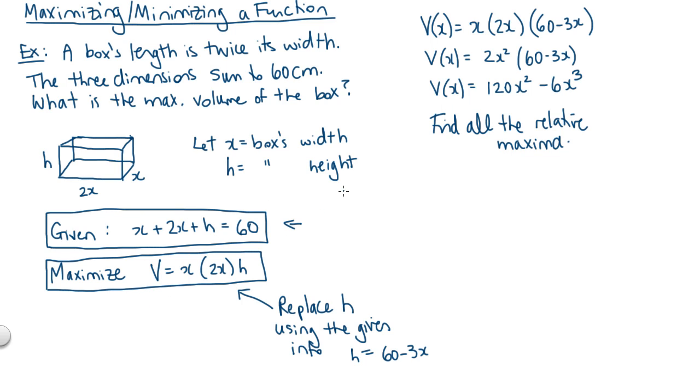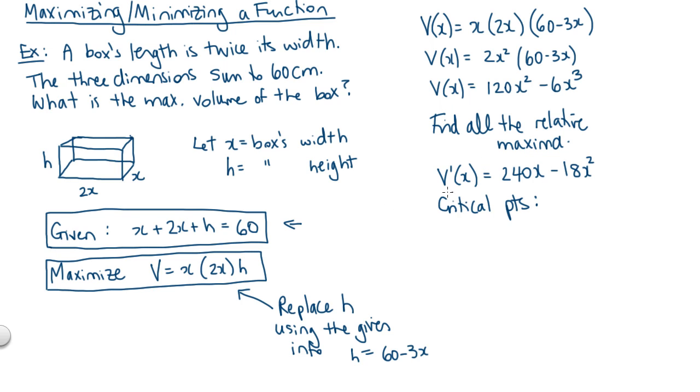So that's the same thing as saying find all the relative maxima for the function v. Well, the way we're going to do that is find the derivative. We're going to find v prime, which will be 240x minus 18x squared. And we're now going to look for critical points for this derivative here.